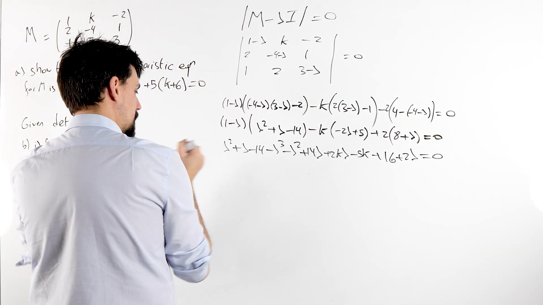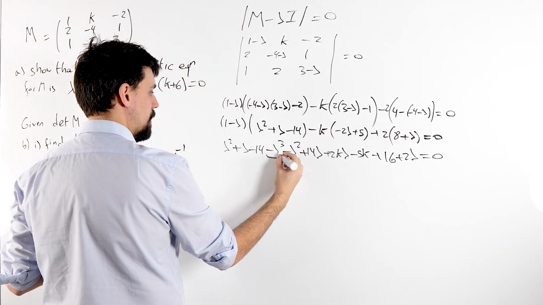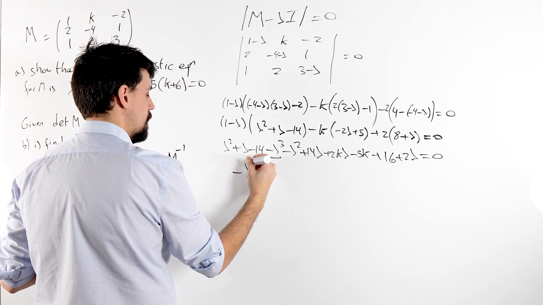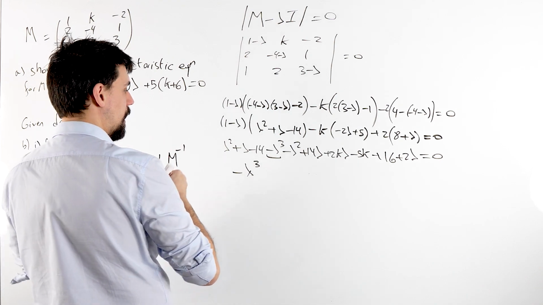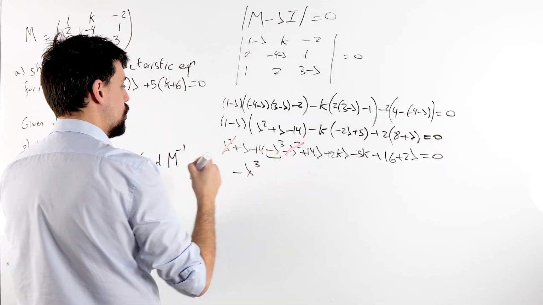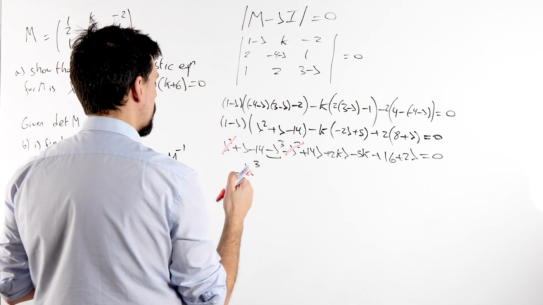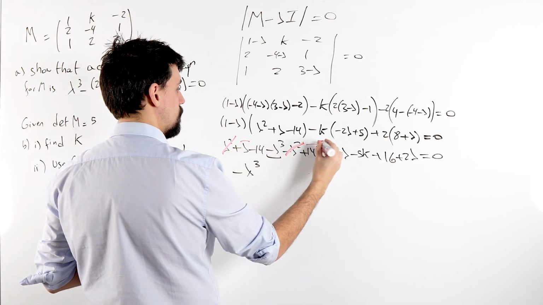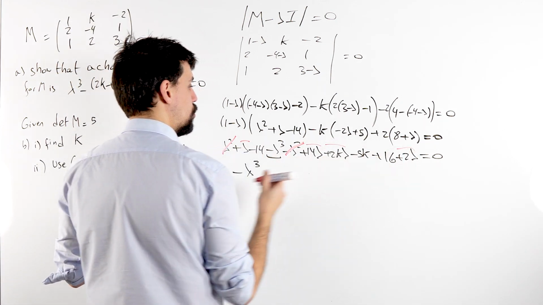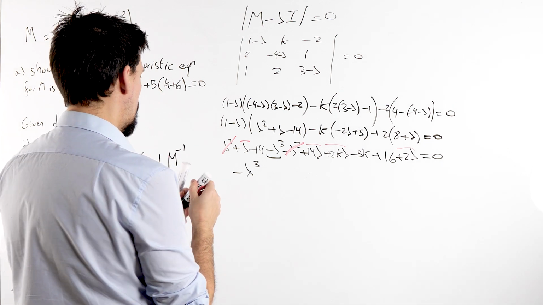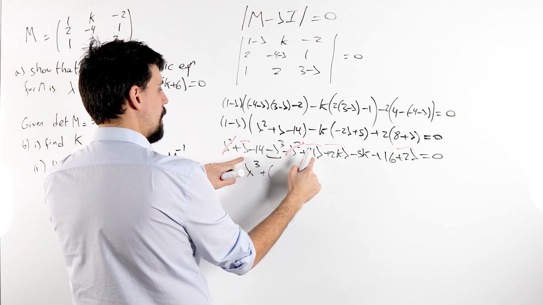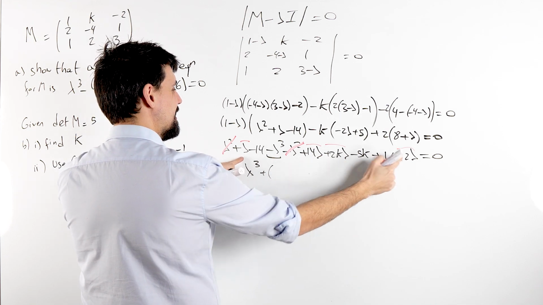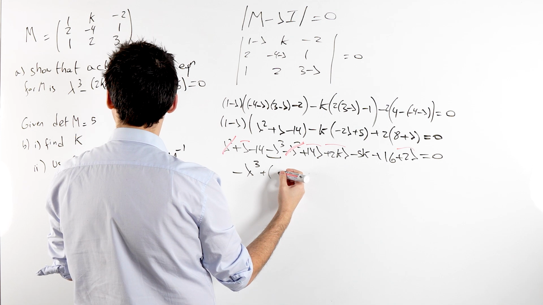Okay, what does that give me? Let's pick out the lambda cubed term, minus lambda cubed. Pick out the lambda squared. Well, actually, they go away. So let's pick out the lambda terms. So what do we have for the lambdas here? Got 1 lambda, 15 lambda, 17 lambda.